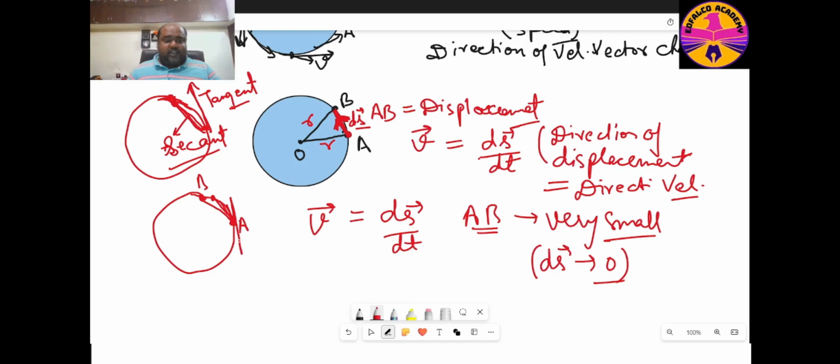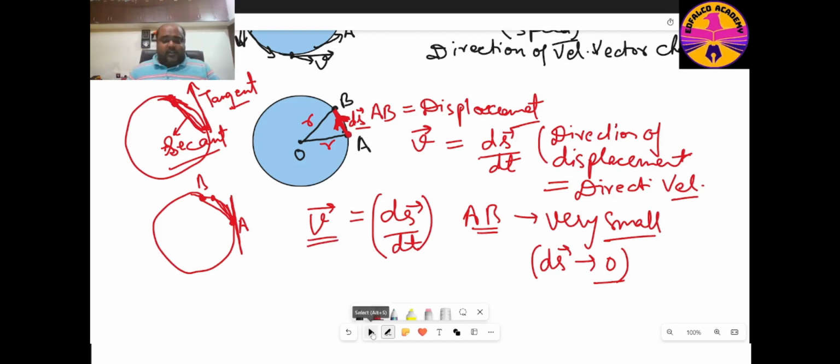It will become a tangent line, right? And that is what is happening with this definition of the ds by dt vector. When we are taking a very small displacement over a very small period of time, then my velocity vector is actually becoming a tangent at the point A.